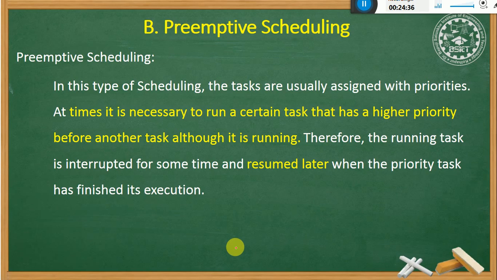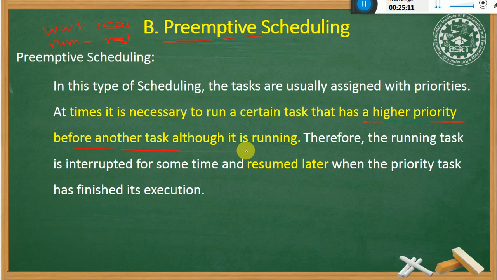Preemptive is completely opposite to non-preemptive. Preemptive means 2 conditions: first, waiting to ready, and running to ready. Okay, in this condition, once the CPU is allocated to the process, if another high priority process arises, then it will suspend the current process.